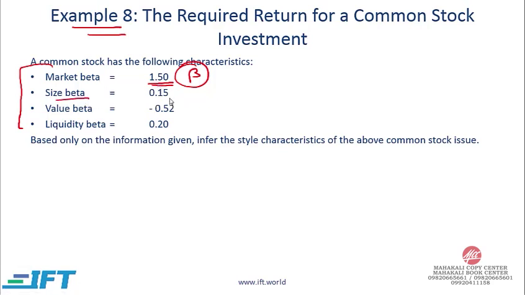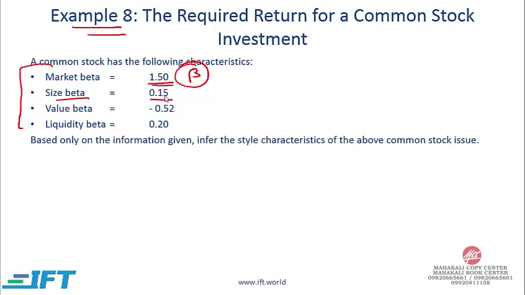Then the size beta is 0.15. Note that the size beta is positive, which means that this is a small cap stock. For a stock with average size, the size beta will be 0. If the size beta is positive, that means that the stock is smaller than average.